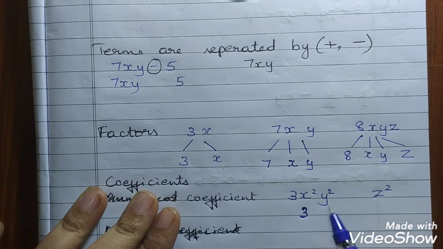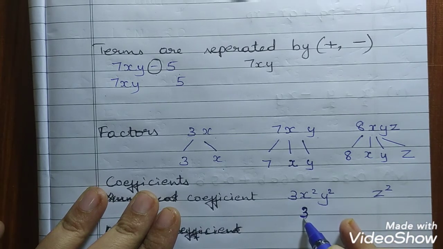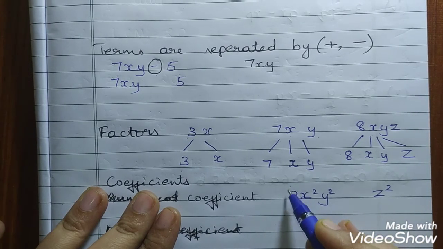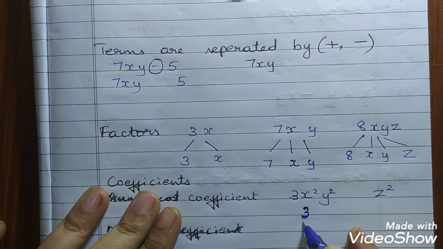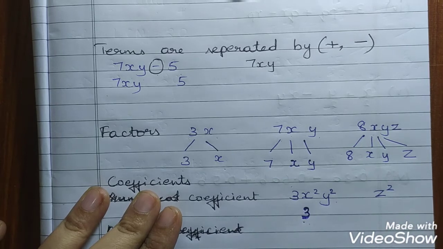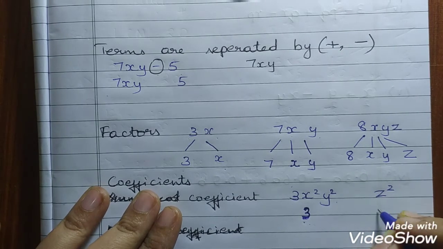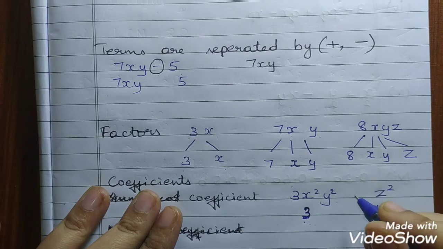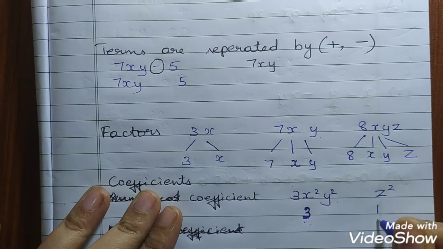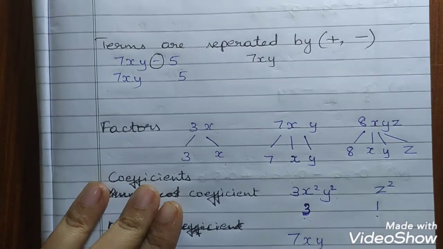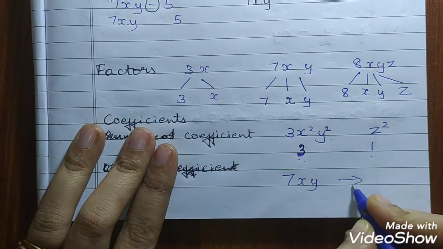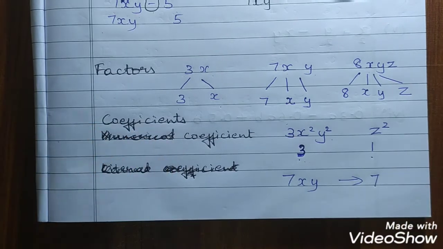So this 3 is our coefficient. For 3x square y square, 3 is our coefficient. If only z square is given, then what is the coefficient? Coefficient is nothing but 1. z square means z square into 1. So what is the coefficient? 1. Okay. If 7xy is given, what is the coefficient? 7 is the coefficient.